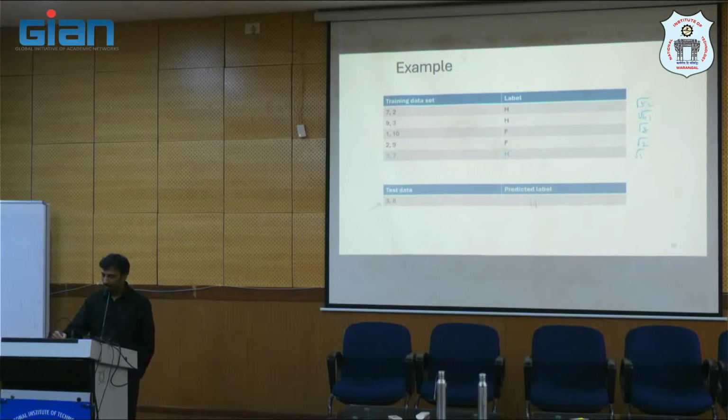So if you go into our visual plot form, 3,8, which is the test point, is somewhere here, let's say 3,8. Where is 2,9? 2,9 is a faulty point. 2,9 will be somewhere here. 1,10 somewhere here.